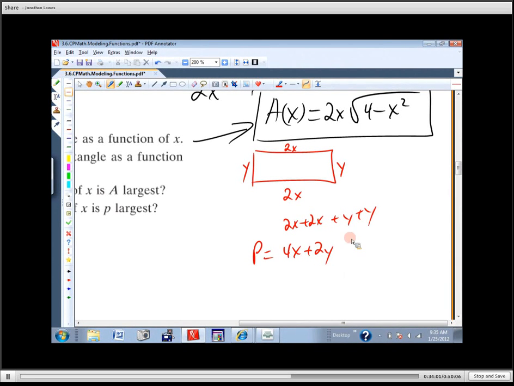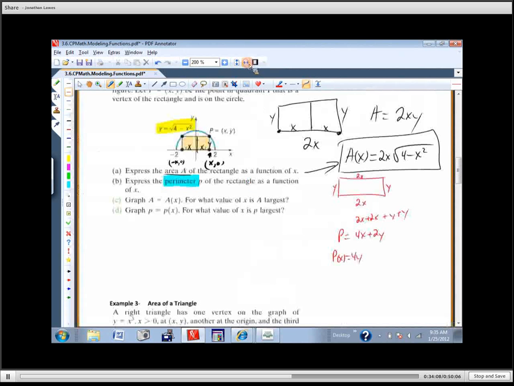Two variables. So we're going to write everything in terms of x. What do we put in place of the y? Square root of 4 minus x squared. That's it.